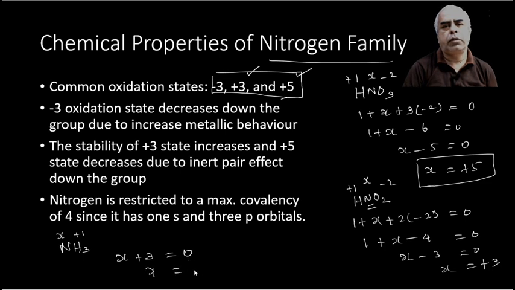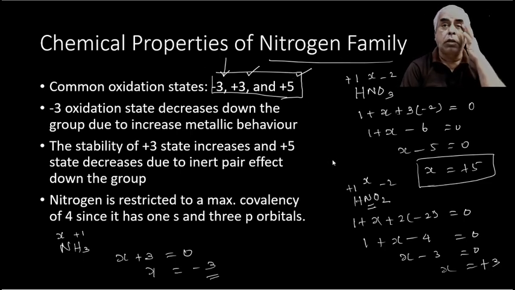So X is equal to -3. In this case, the nitrogen has the oxidation state -3. So likewise, the common oxidation states in the nitrogen family are -3, +3 and +5.